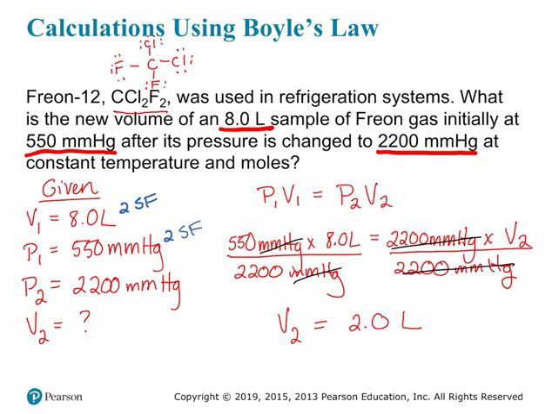So only the 5 and the other 5 are significant. What about 2,200? Also 2. Again, there's no decimal point at the end of the number, so those 2 zeros are just placeholder values, and they don't count as significant. So our final answer should also have 2 sig figs since we're multiplying and dividing.